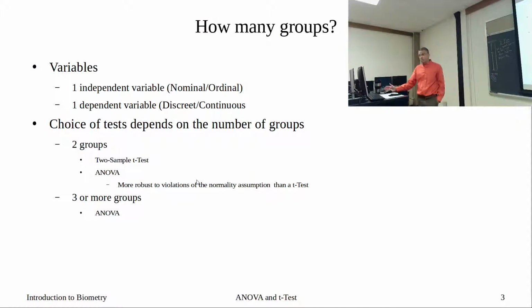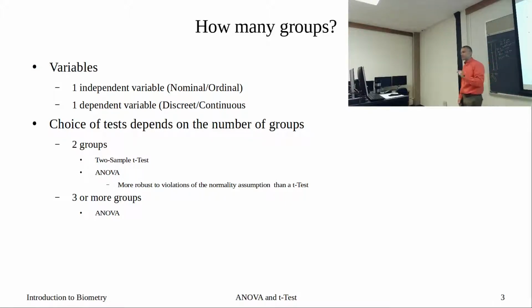So how many groups are we working with here? If we have 2 groups, then we can run a 2-sample t-test, because a 2-sample t-test is comparing means between 2 groups. We can also run an ANOVA in this case. I'll have more to say about that in a little bit.